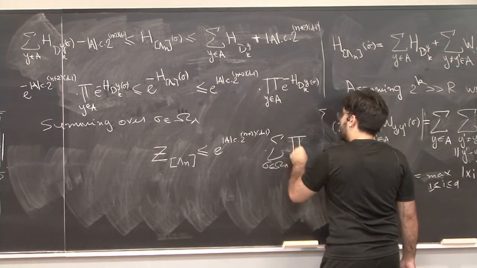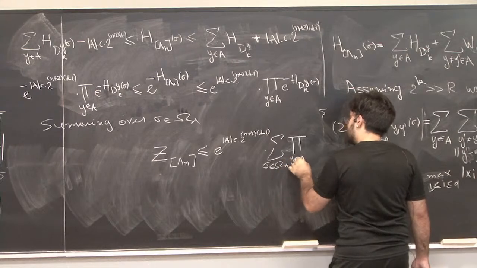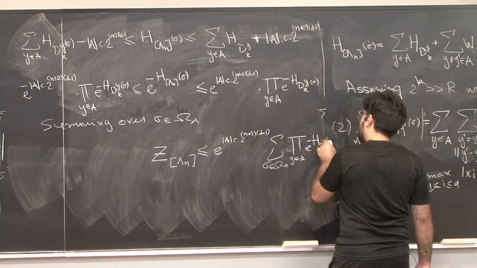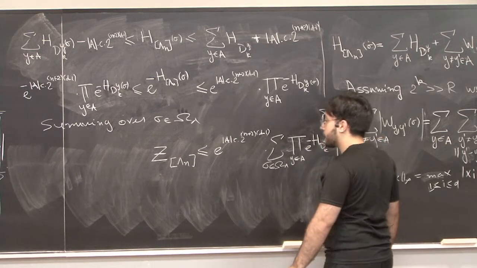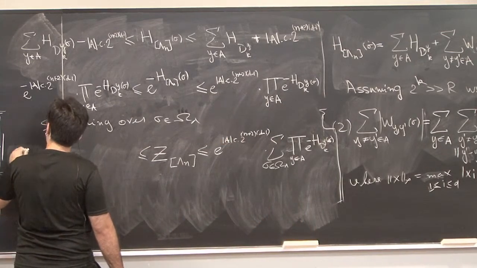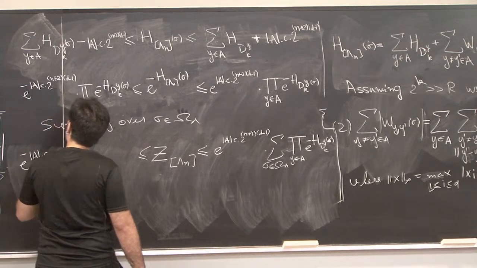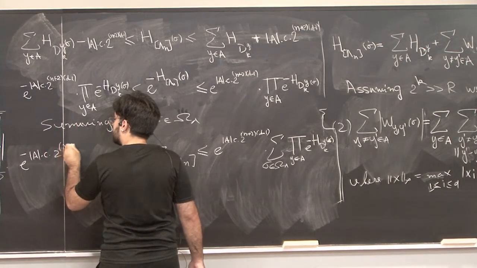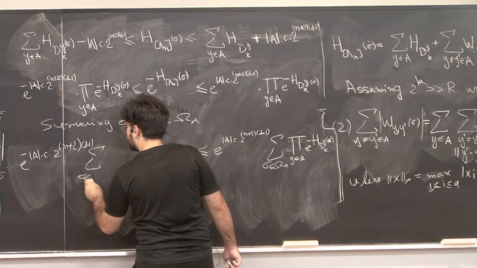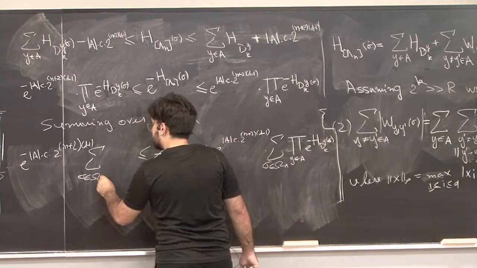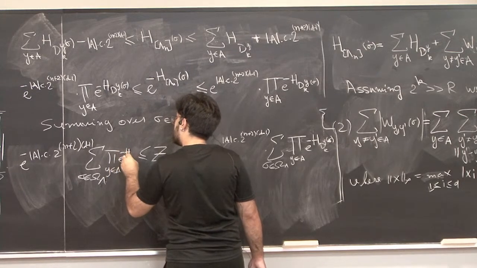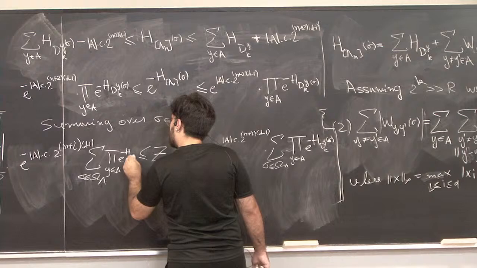And now I have a product dky sigma, and something closely related to that here. The product y in A of the exponential of minus h dk.